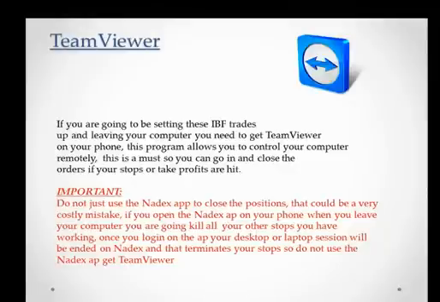So if you have another trade on with a stop on it, it's going to get canceled on you. So you do not want to be going into the Nadex app, because that automatically terminates your session over on your desktop or laptop. So you need to get TeamViewer. You can use it on your iPhone and, I believe, your iPad or tablet. Absolutely essential to do this trade. Do not use the Nadex app. Can't emphasize that enough.